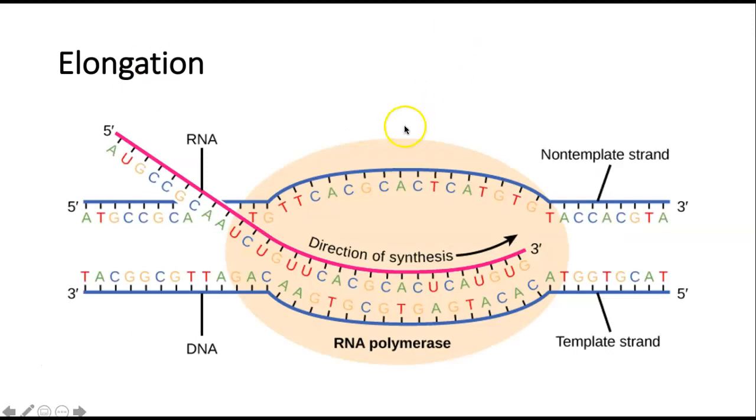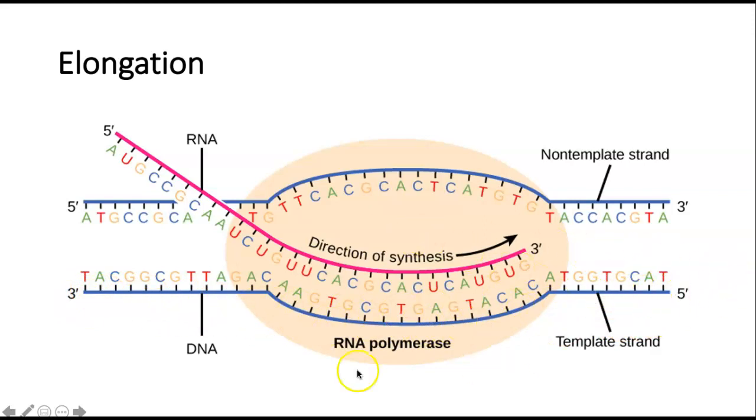Here's the same RNA polymerase enzyme, and you can see here's our DNA template strand. We're adding on to the 3' end. Here's the direction of synthesis, adding on to the 3' end, not the 5' end. The 5' end is where you can't add on nucleotides, okay? Remember, look at how we're reading in the 3' to 5' direction, because these molecules are anti-parallel.